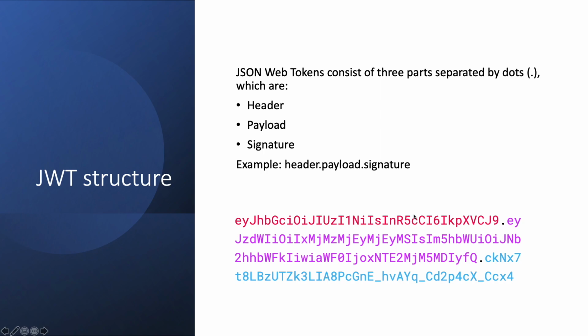If those two hashes are equal, it means that the JWT is valid and it has not been tampered with. But in case these do not match, it means that the JWT token is not valid and it has been tampered with, and so the server will reject it.